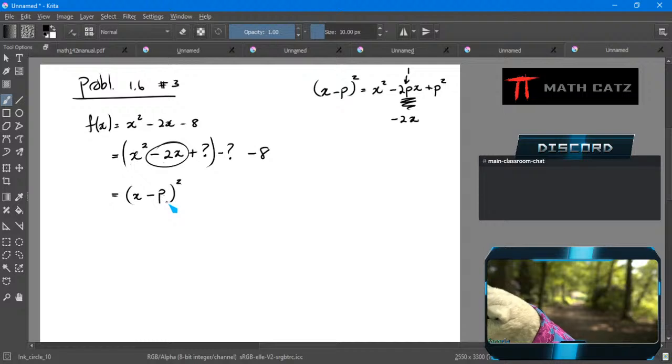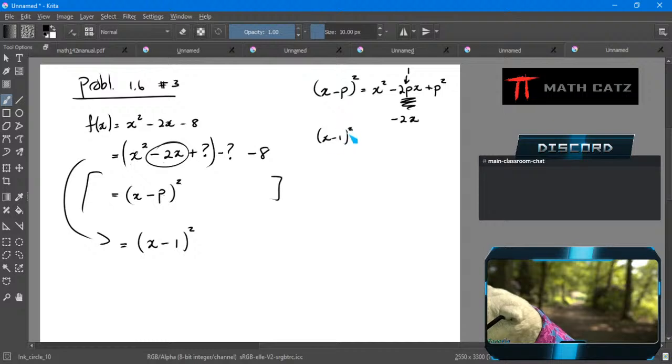So let's have this as sort of temporary and continue over here. It's going to have to be x minus 1 squared, so that when I simplify it, I get that negative 2x. The simplification process with an x and a minus 1 will give me my negative 2x.